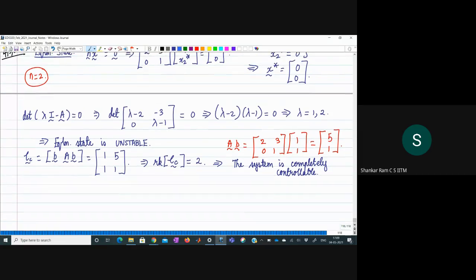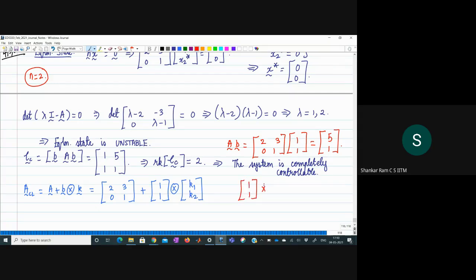Having ascertained all these things, now let's go to the closed loop statement, ACL, which we know is A plus B outer product K. So A is 2, 3, 0, 1 plus B is 1 and 1, outer product K1 and K2. If we recall from yesterday's discussion, in the outer product of B and K, the ijth element will be BiKj.